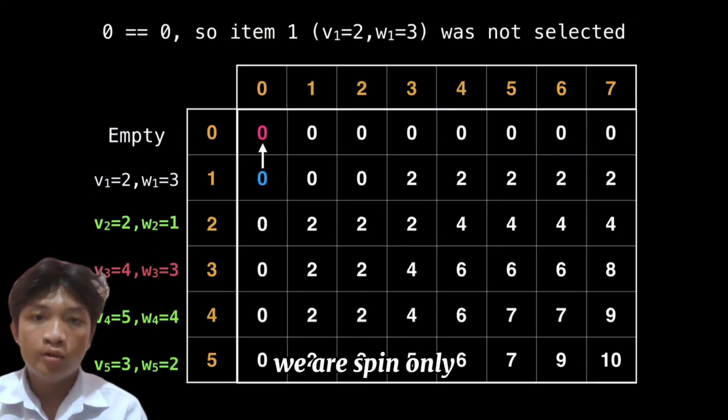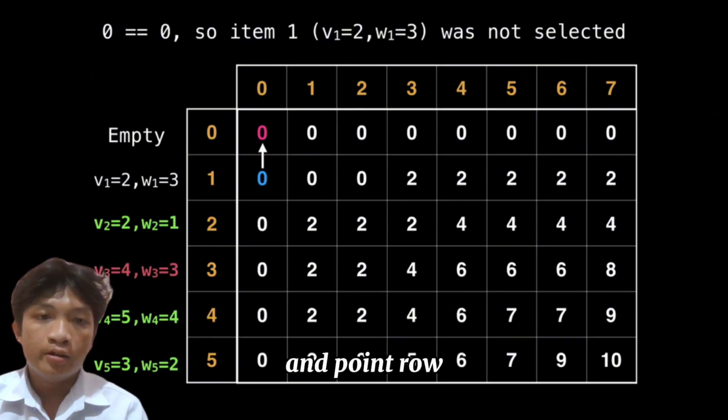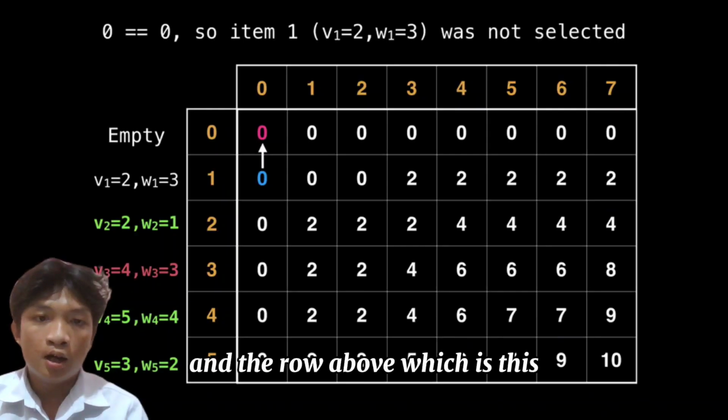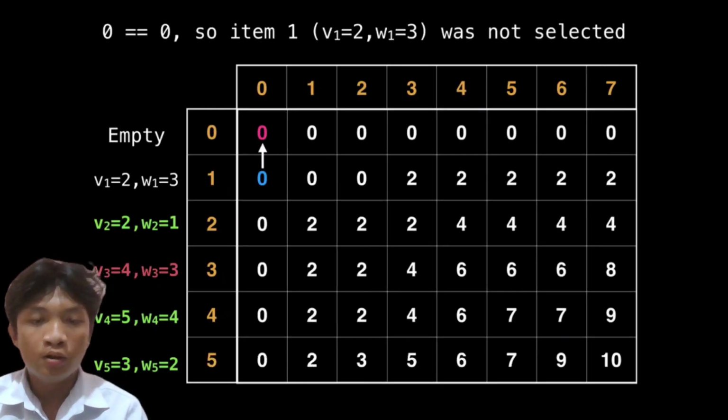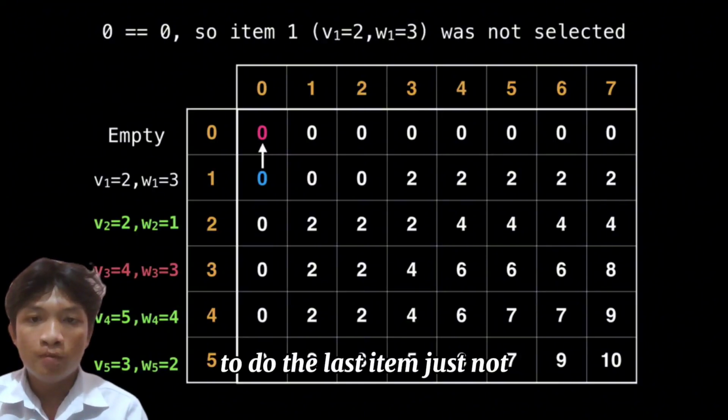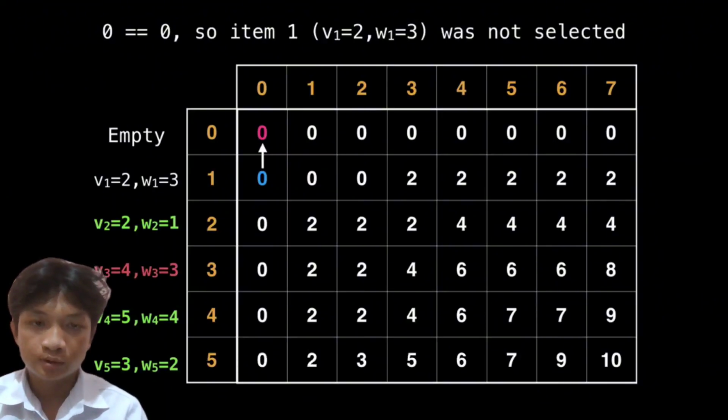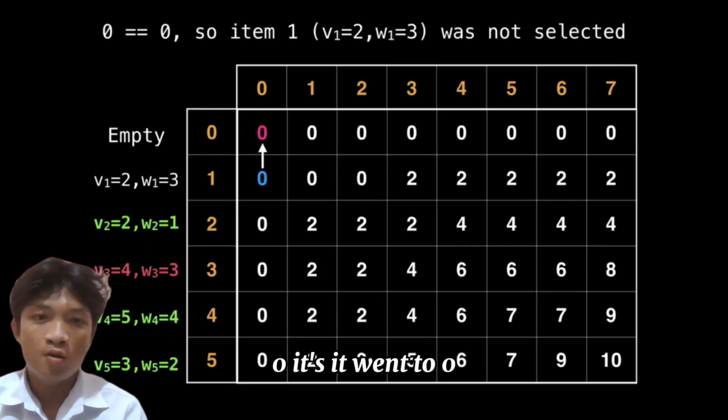We are still only considering a knapsack of size 1, so we check the value in the current row and the row above. The last item is not yet included, so 0 is equal to 0.